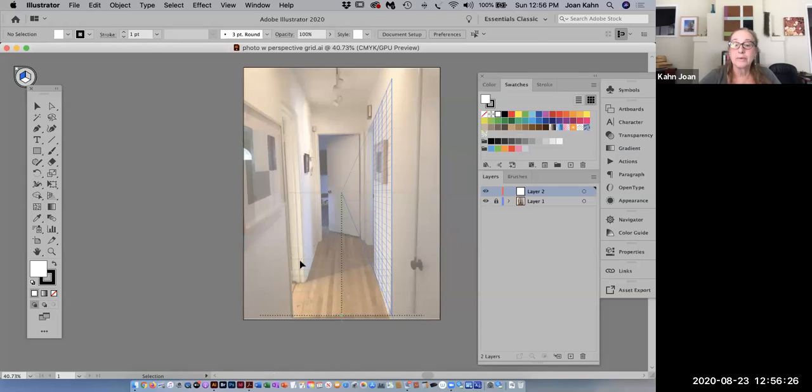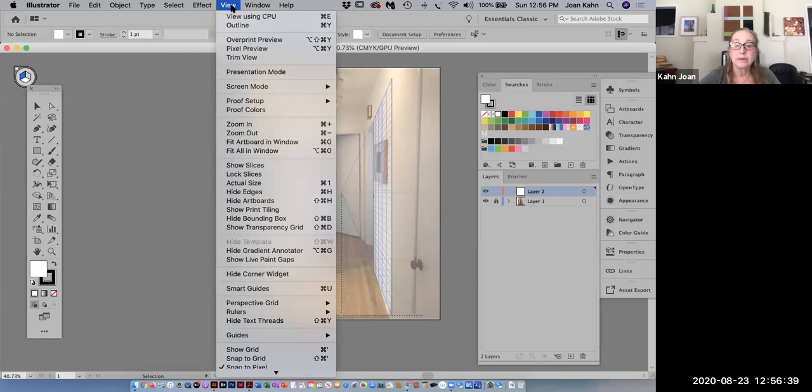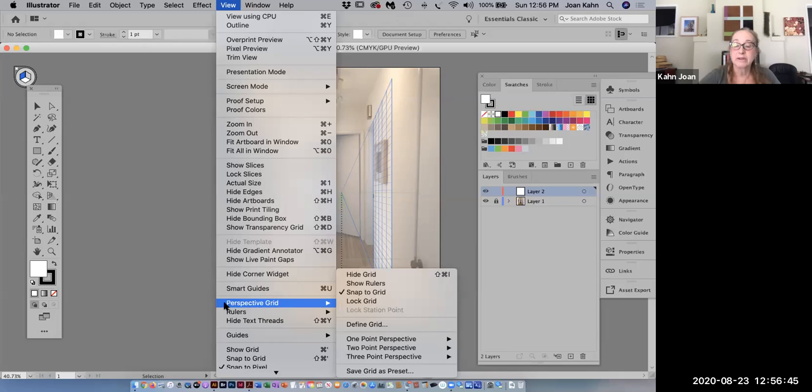So here's the hallway that I showed you. And I put up the perspective grid, which you can find in Illustrator in the View menu. So notice I go to the View menu and I say Show Perspective Grid. I make sure the perspective grid is toggled, making it active.